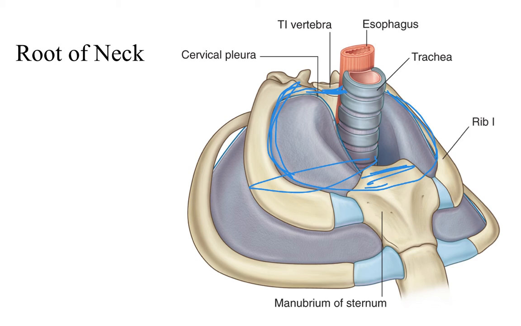And so what's in it are extensions from the thoracic cavity, which would be the cervical portion of the parietal pleura, as well as other structures that are connecting the thoracic cavity to the neck and to the head. So that would include the trachea, esophagus, and the muscles, nerves, and blood vessels that are contained within it.